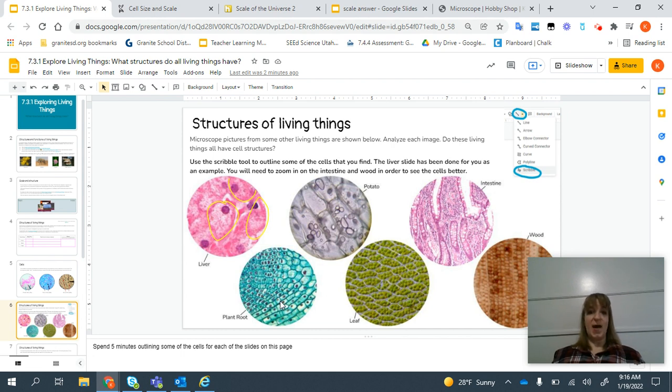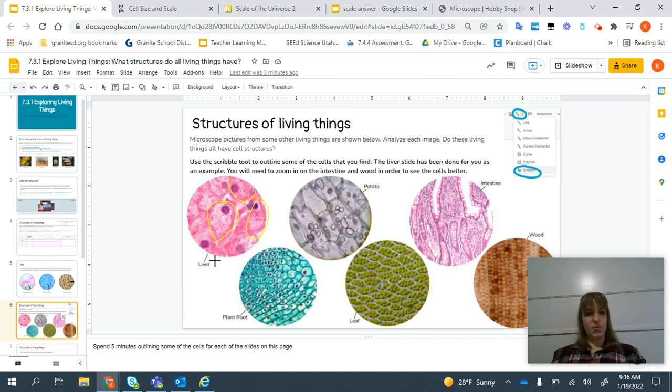What I want you to do is practice identifying where the cells are. So you're going to go up here to your drawing tool, or your line tool, sorry, that's your line tool, and then down at the bottom there's a scribble tool. And you're going to practice outlining the cells in each of these slides.